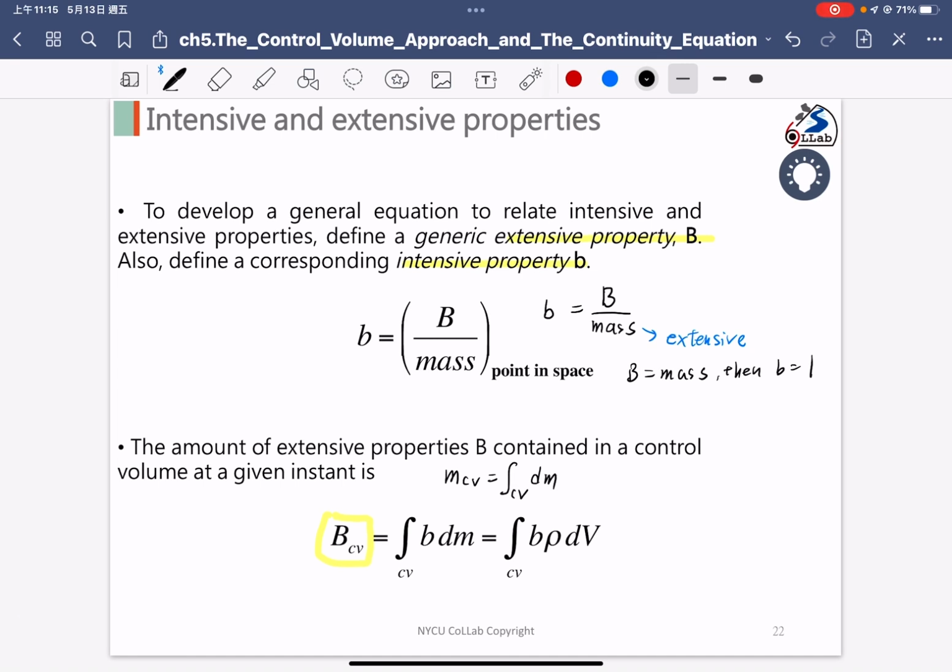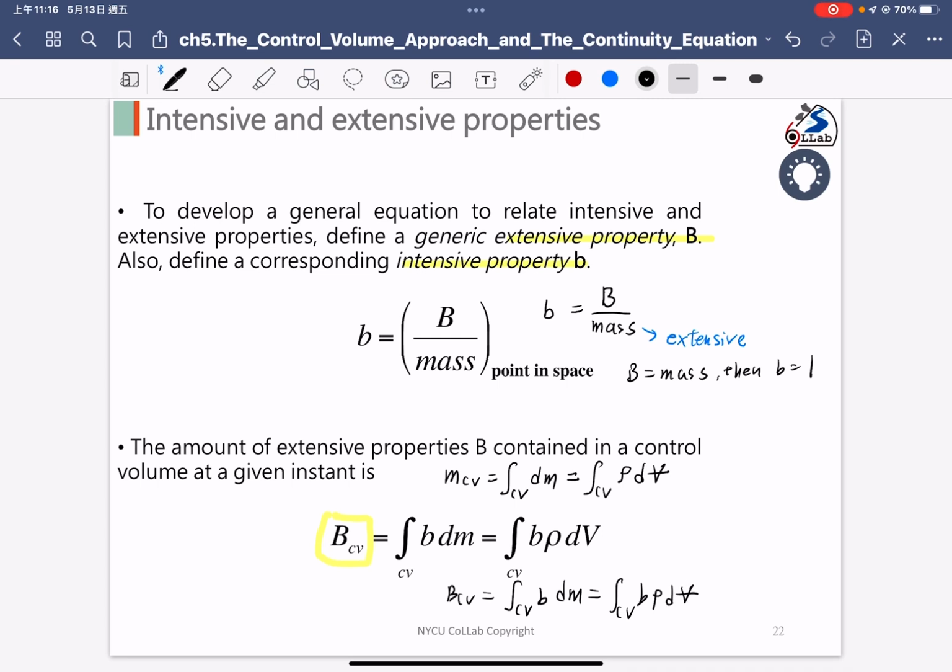And later we know that a piece of dm will equal rho dV, the density multiplied by the small volume change. So the more general formula shows that B_CV will integrate along the CV volume, b rho dV.